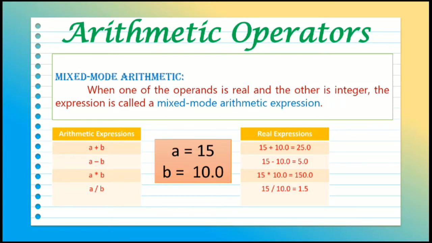Next, 15 minus 10.0, the answer will be 5.0. Next, 15 into 10.0, the answer will be 150.0. And 15 divided by 10.0, the answer will be 1.5. Again, here also the modulo operator cannot be performed.